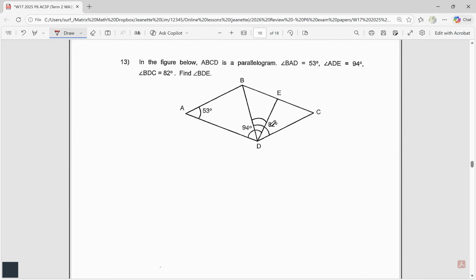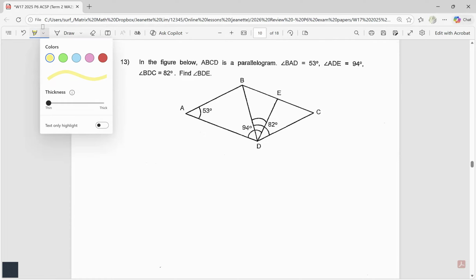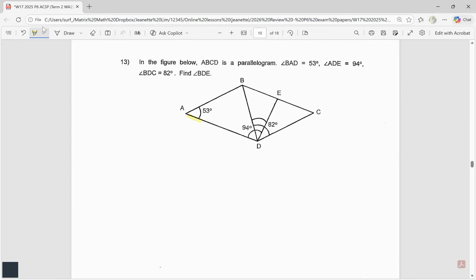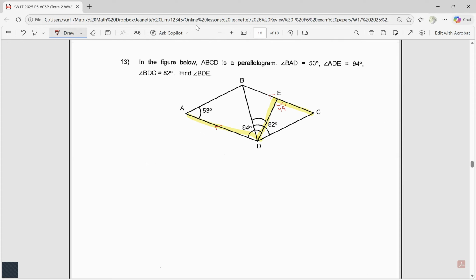So firstly, I'm gonna find this. Okay, wait, hold on. I can actually do the alternate angles here because you have parallel lines, right? Parallelogram. So using this, these are alternate angles. This is 94 degrees.